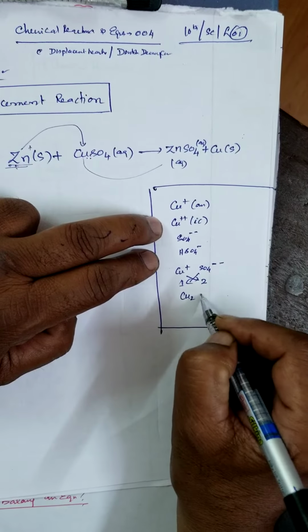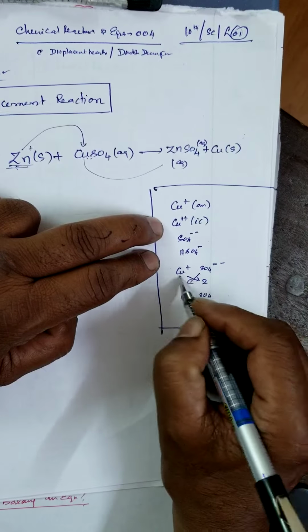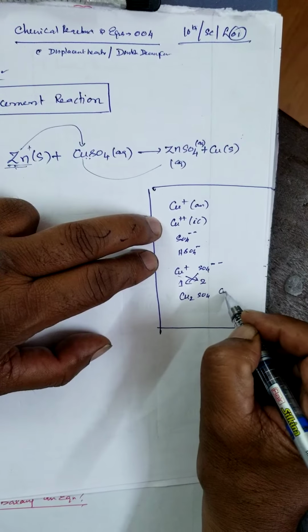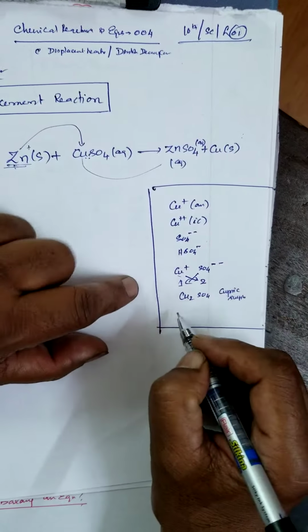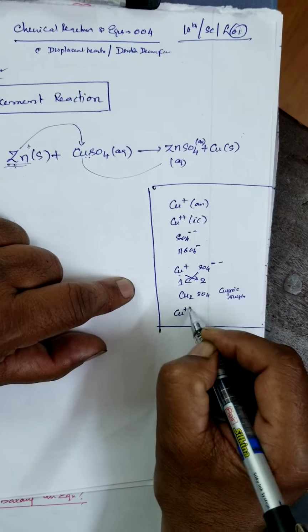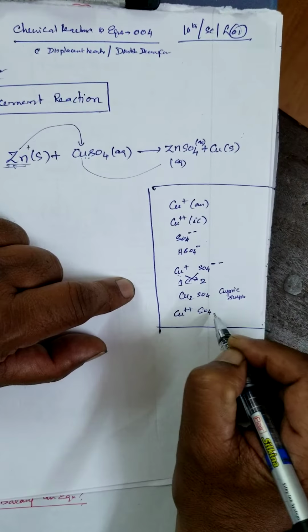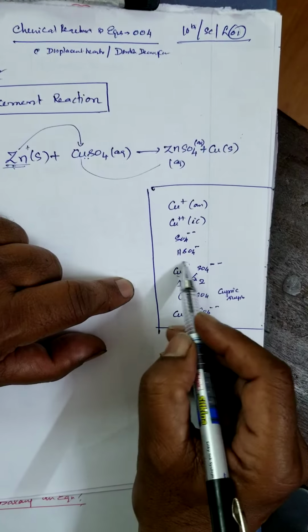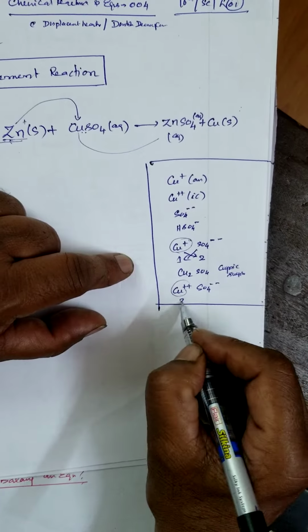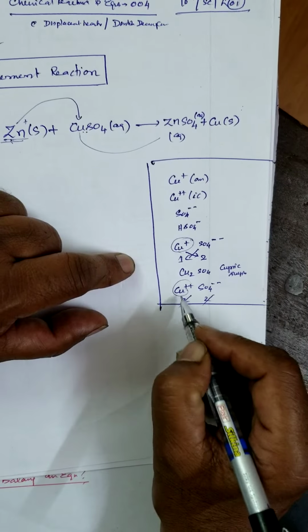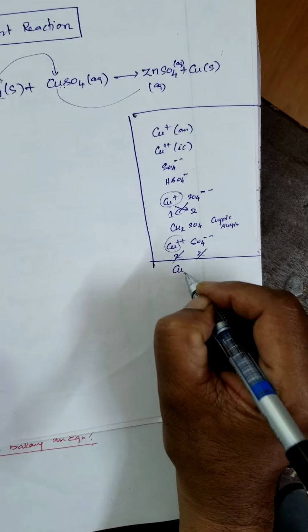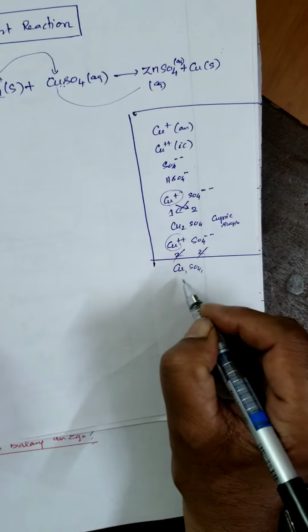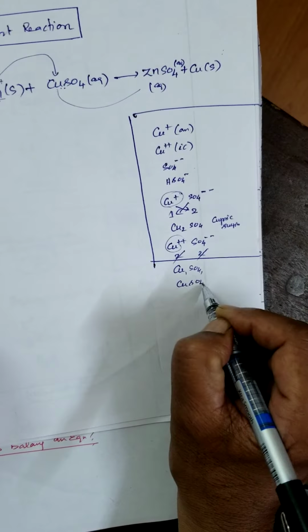Here I write CuSO4. This is what? Cupric sulfate. If I write like this, this is cupric, this is cuprous, this is also 2, this is also 2, get cancelled. Therefore, you write Cu1SO4 or cuprous sulfate.